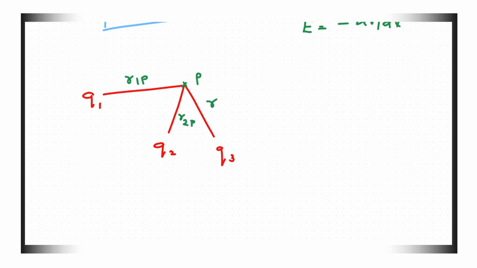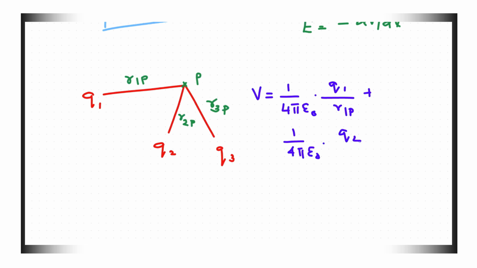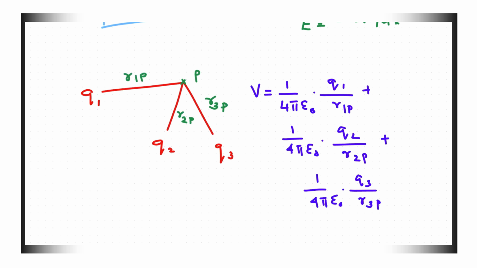It will be equal to 1 by 4 pi epsilon 0 Q1 divided by R1P plus 1 by 4 pi epsilon 0 Q2 divided by R2P plus 1 by 4 pi epsilon 0 Q3 divided by R3P. This is for potential due to multiple charges.